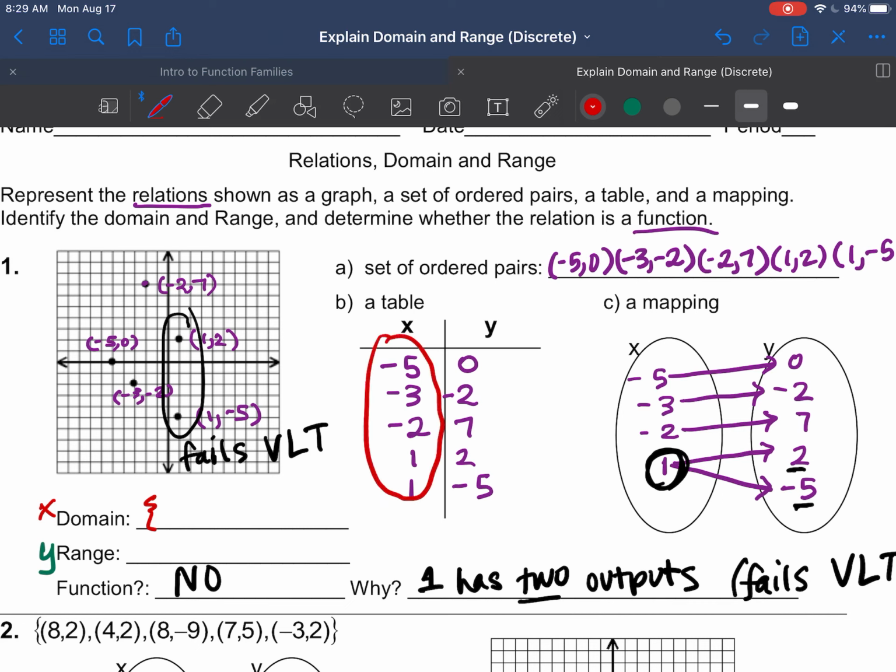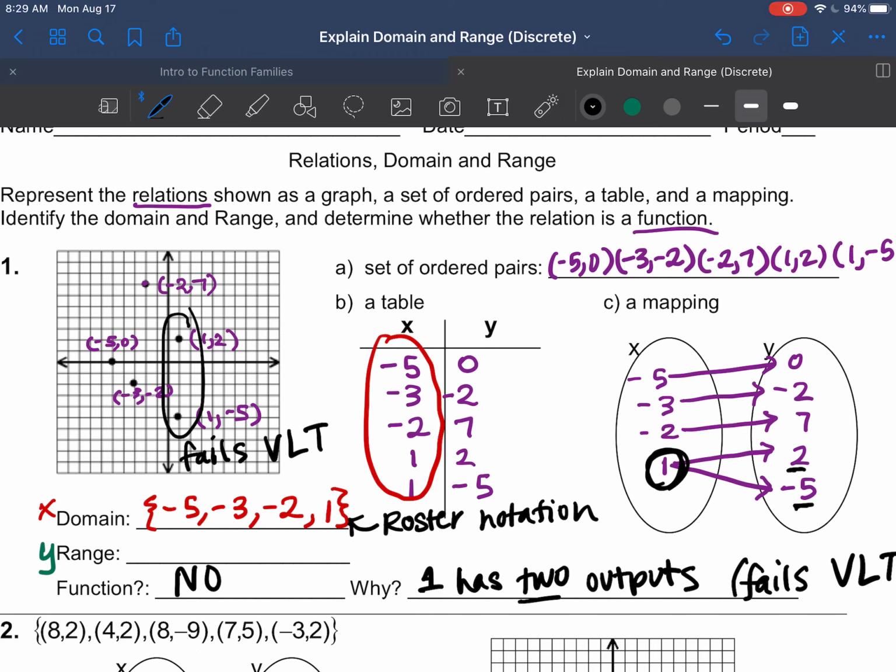And so all of our x's are right here. And so -5, -3, -2, 1. And again, you do not want to repeat that 1.